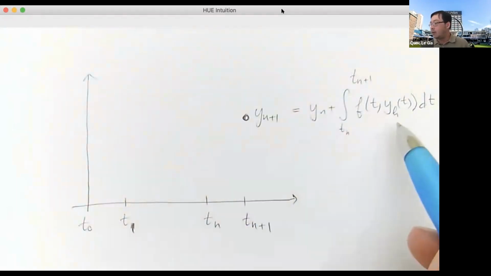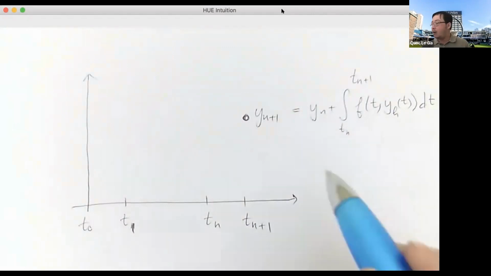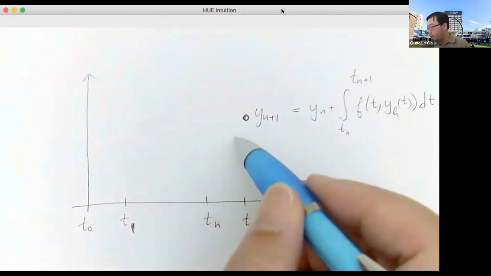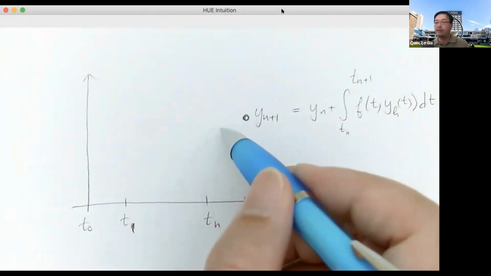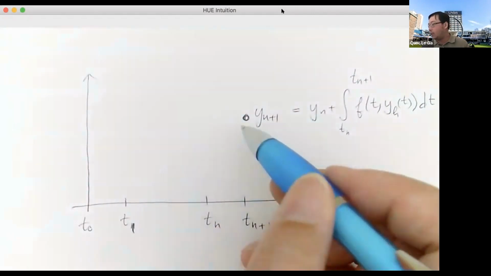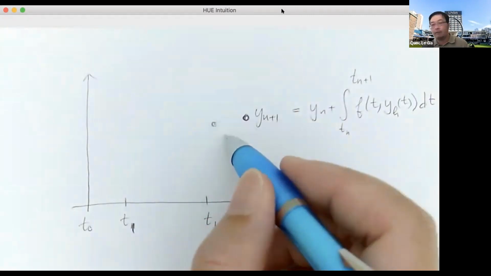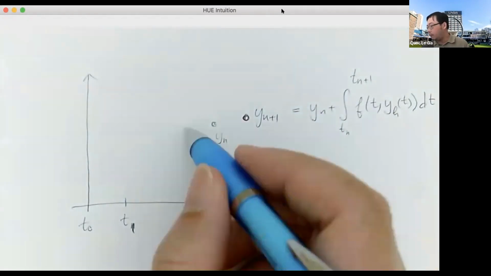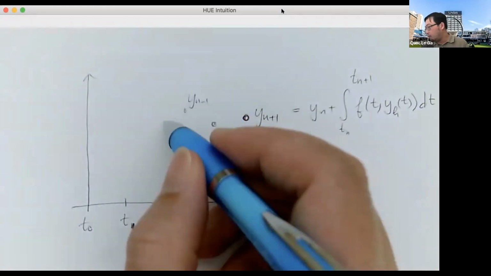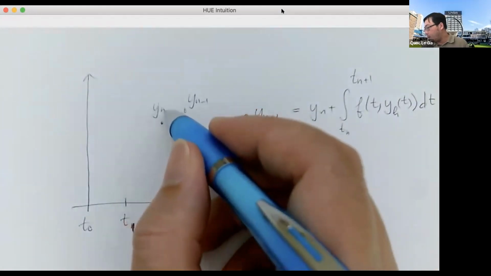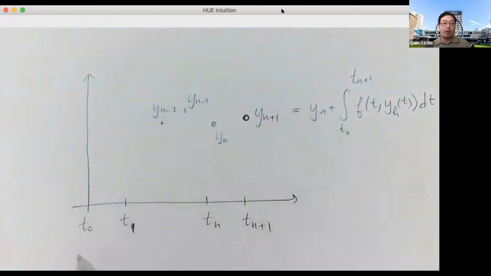In general, you don't know the function y, right? So you have to approximate y by some yh. Now you have some values before already. So you have yn here, you have yn minus 1, yn minus 2, and so on, back to y1.